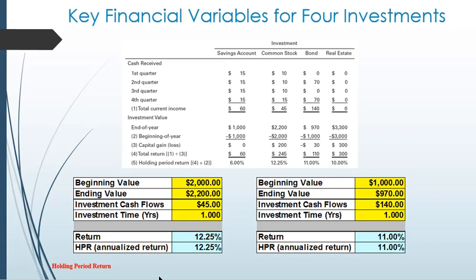So the question we have is, what would happen if this investment happened not in 1 year, but what if it happened over 3 years? How would that impact then the investment return?